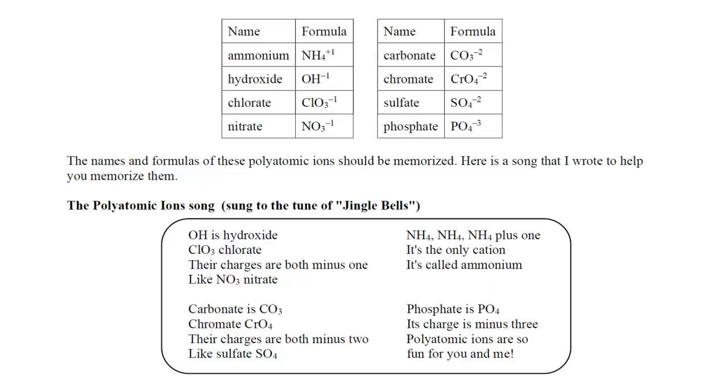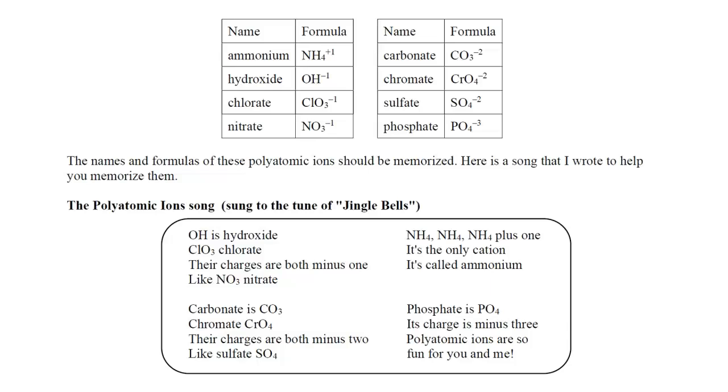The way the song works, I've grouped the ions that have the same charge together. The first part of the song involves the ions that have a charge of -1, and that includes hydroxide, chlorate, and nitrate.